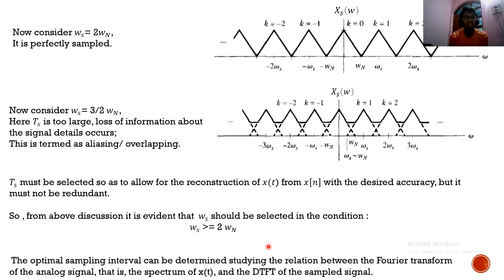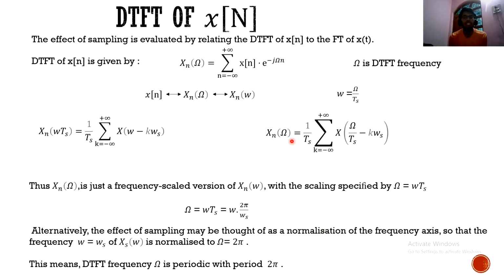Next we will discuss the spectrum of omega s, x(t) or the original signal, and the DTFT of the sampled signal. Now by taking the DTFT of the discrete signal, we get the general equation by this one. It has this phi as the DTFT frequency.